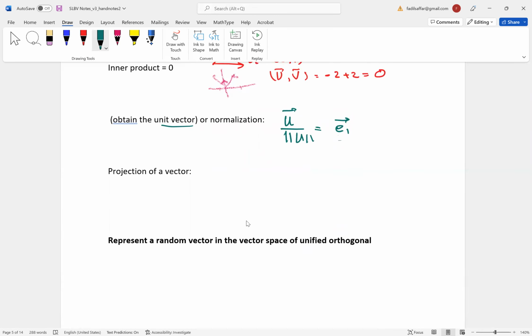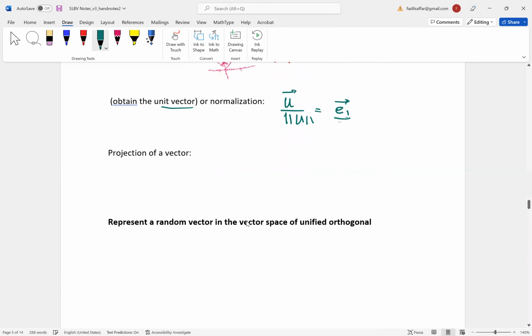Basically, I want to mention that because that unit vector is important if we want to find the projection of a vector onto another vector. So if we have a vector t, which is (4, 4), and we want to project it onto this E1 here, the projection is basically the dot product of this vector t with this unit vector.